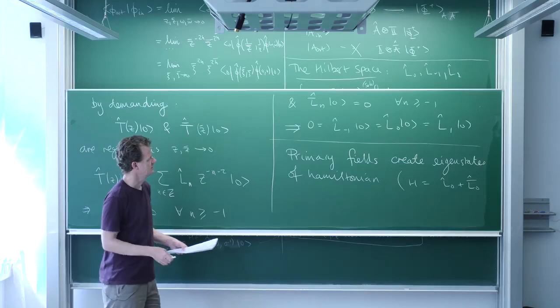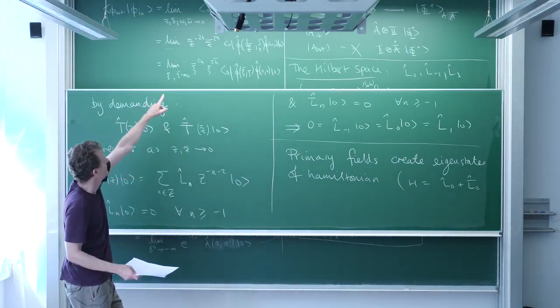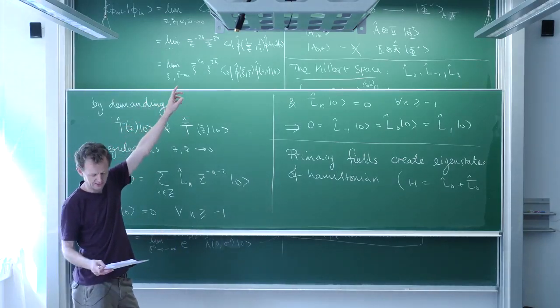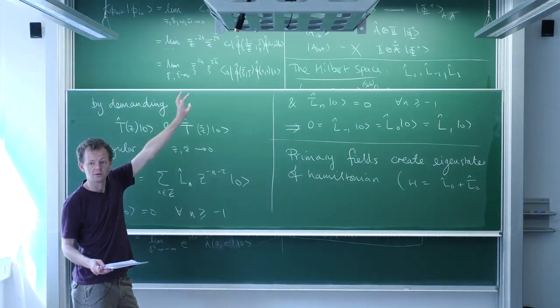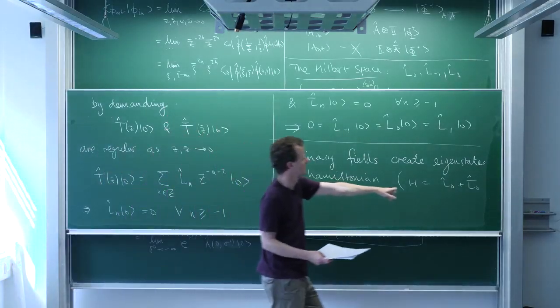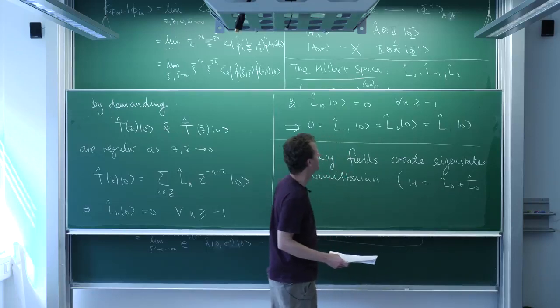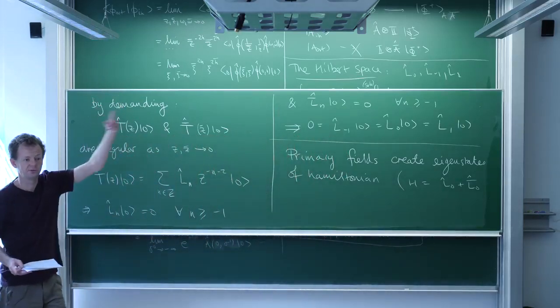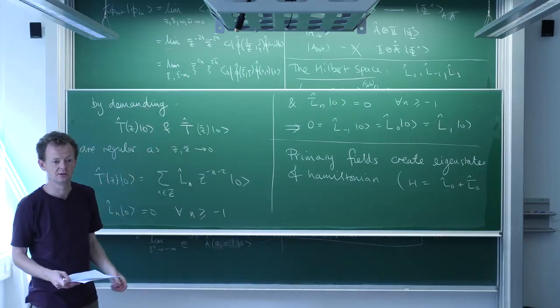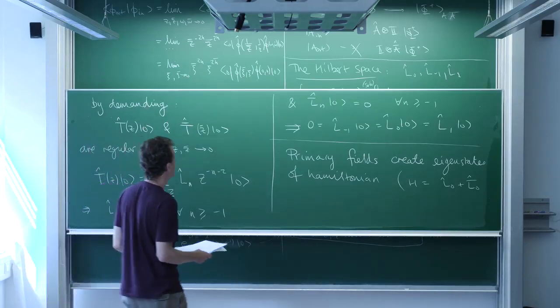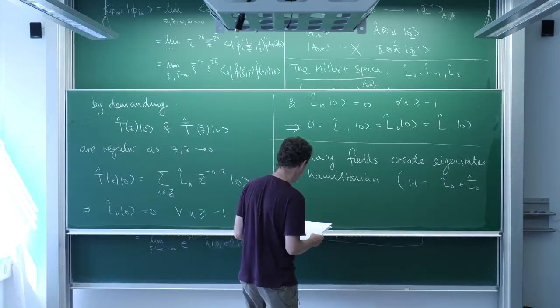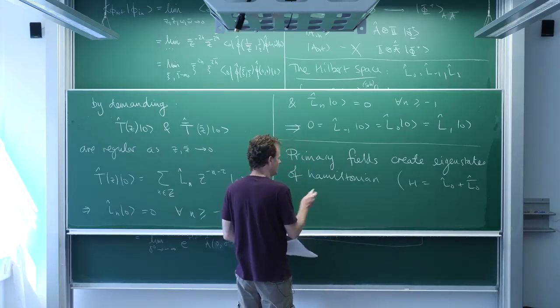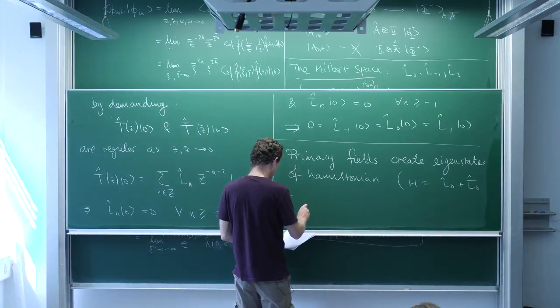And I'm going to argue now that these primary field operators, phi(z), they actually build eigenstates of this combination L naught plus L naught bar. And in particular, the in states will land you in different sectors of the Hamiltonian, different energy eigensectors of the Hamiltonian. And it all boils down to the following identity.